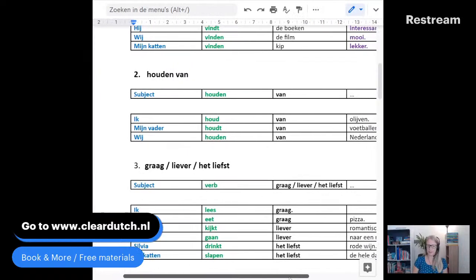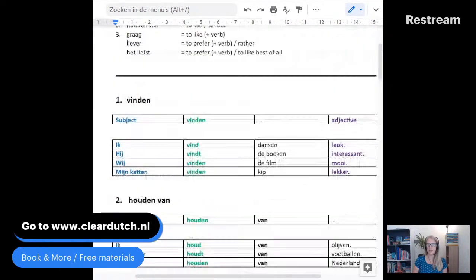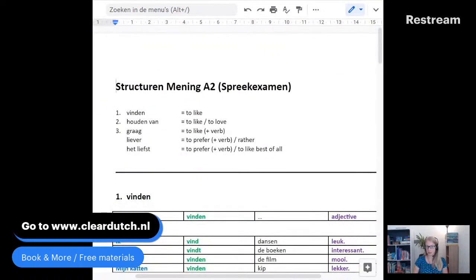There's also another thing at this level that you will have to learn. And I will share with you again one more screen, just a second, that we can have a look at, which is about giving your opinion. And this is one that you will need in the inburgeringsexamen. So this one occurs a lot there.